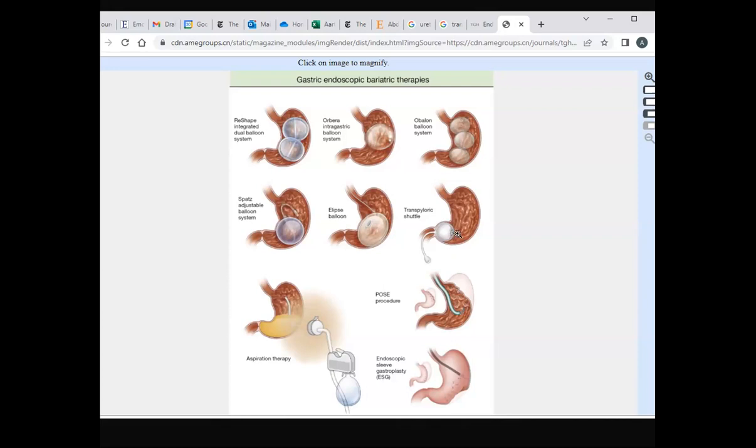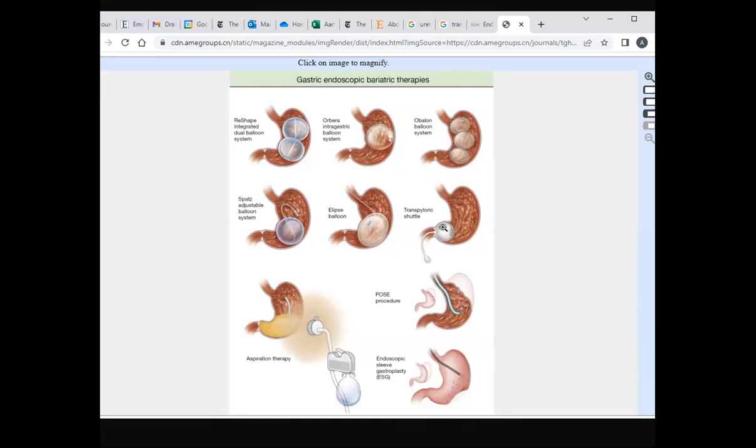In the case I'm showing you, there's a balloon and it has a tube that goes into the duodenum. This is what's called a transpyloric shuttle. These are all just variations on the same thing. But the reason they do this is that they want it specifically in the pylorus. They want you to feel early satiety by having a balloon in your stomach, but they also want to have delayed gastric emptying.